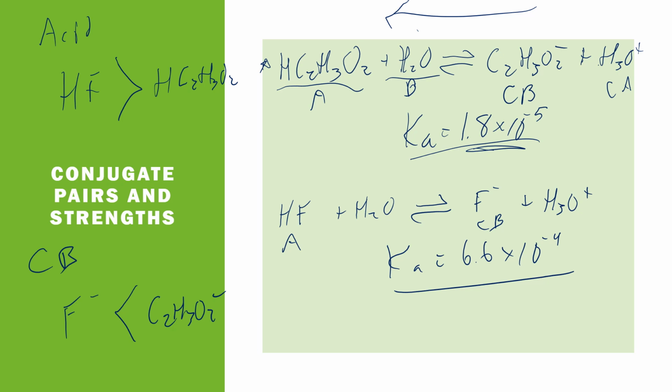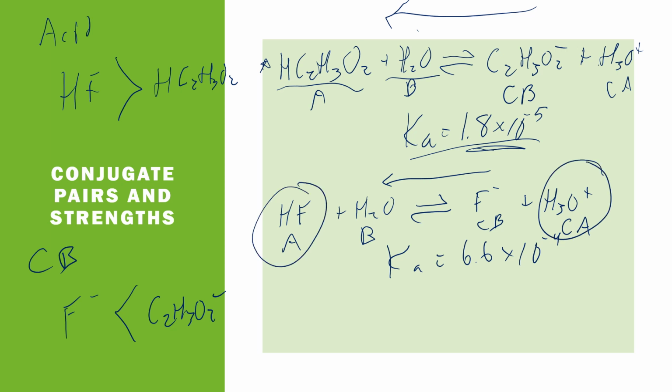But they could ask you the same thing about the acid. So if this is the acid, this is a base, this is a conjugate acid there. It's still, the Ka for HF is still less than 1, so it's still definitely reactant favored. So now, which acid is the stronger acid? Is it HF or is it H3O plus? Well, in terms of acid strength, the stronger the acid, the more it wants to give away its hydrogens.